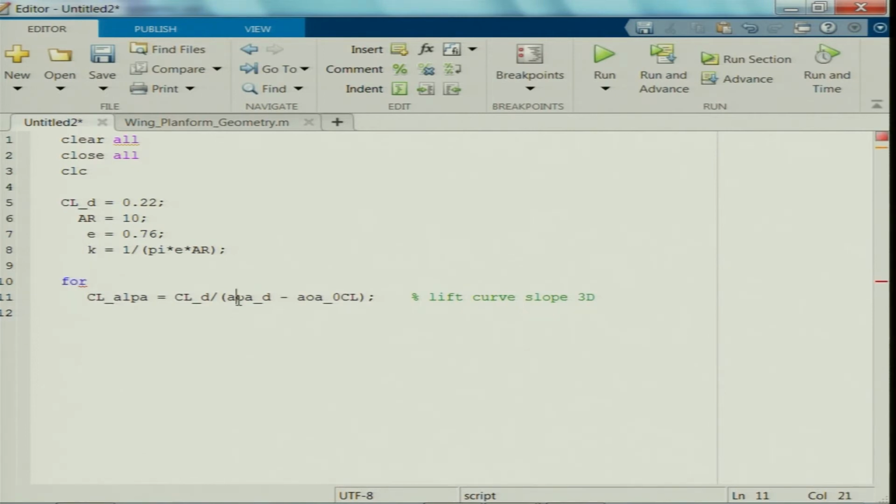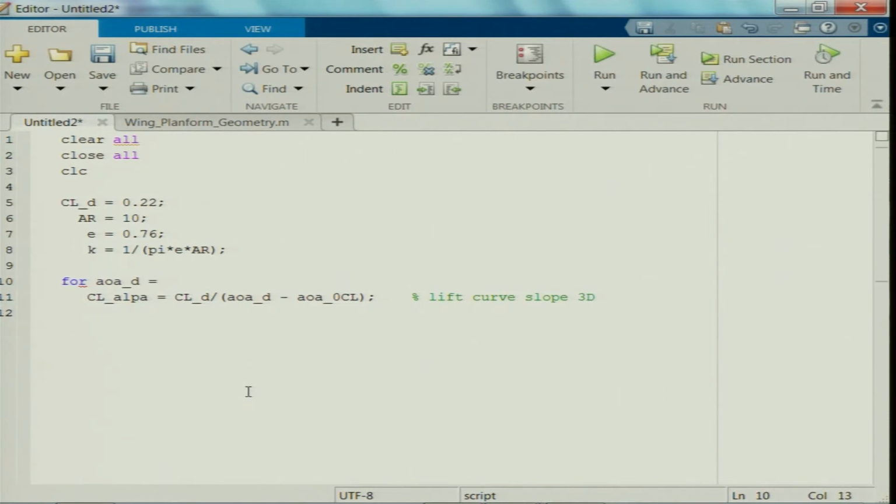So, we need to vary these values, angle of attack as well as design angle of attack and then angle of attack at 0 lift, right. So, first of all I would like to vary these two parameters, AOA underscore design angle of attack, right.